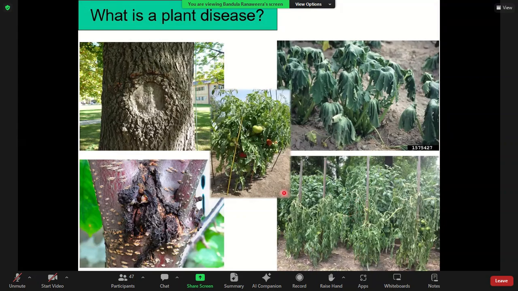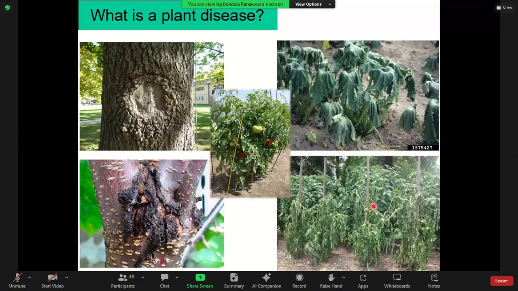Right. So why we say that these plants are infected, or how we can identify that these plants are infected? Because all of these plants are expressing that there is a disease in these plants. So the pathogen has affected the plant negatively.